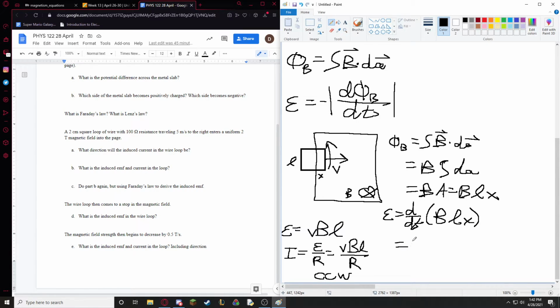No. So B can come out. Is the length of the wire loop changing over time? No. So it's just BL times dx/dt, where x is the amount of the loop inside the magnetic field. What's our dx/dt?